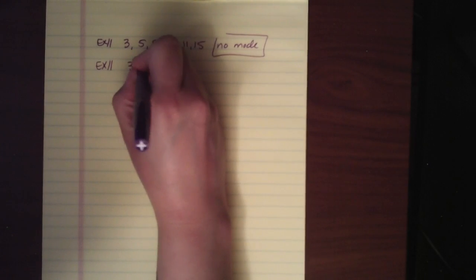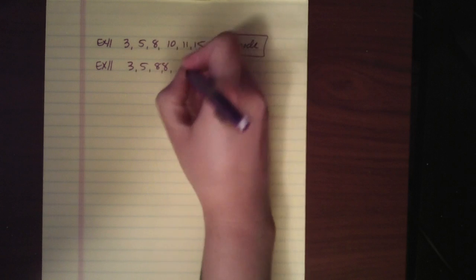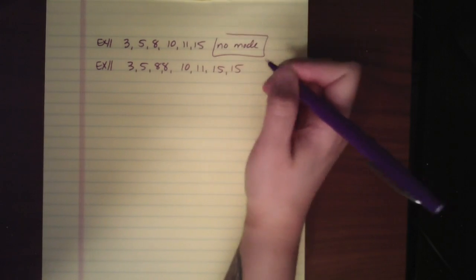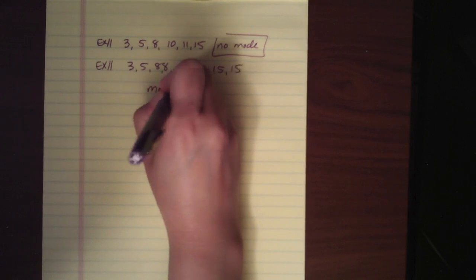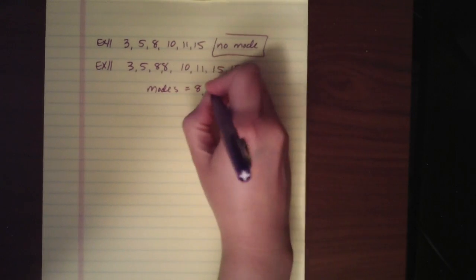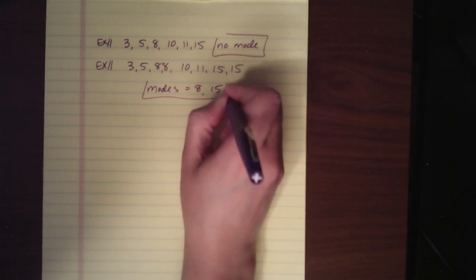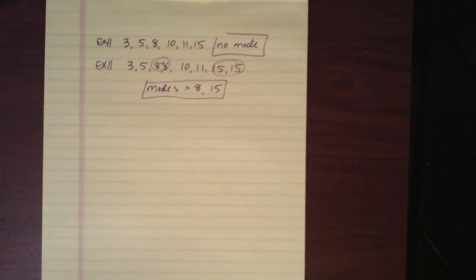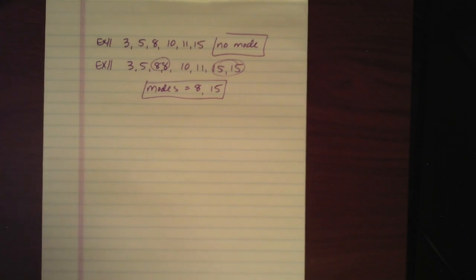So if we had 3, 5, 8, 8, 10, 11, 15, and 15, here the modes are 8 and 15 because those 2 values occur more than any of the other ones. Okay. So we can have no mode, we can have multiple modes, or we can have a single mode, depending on how many values occur most often.